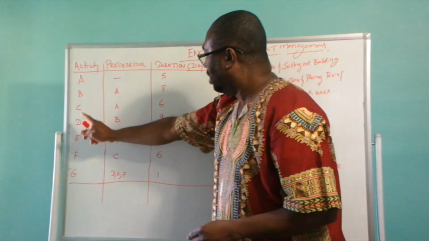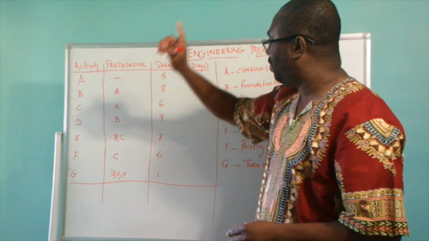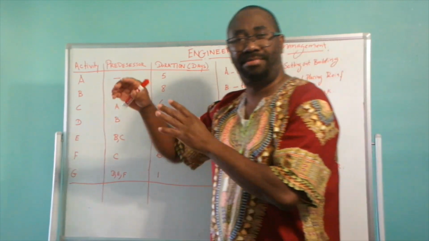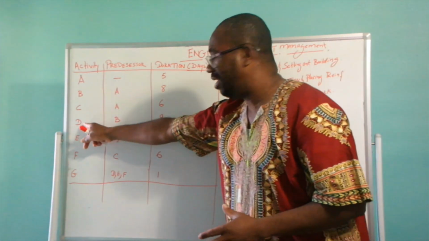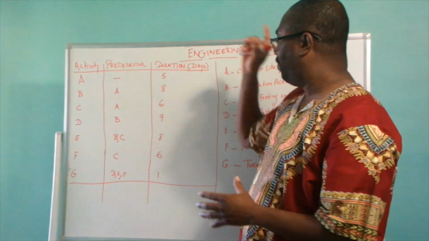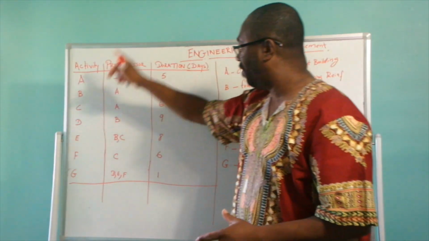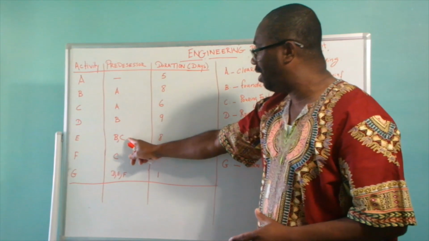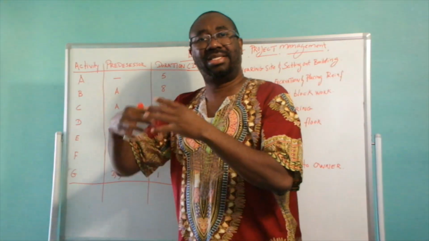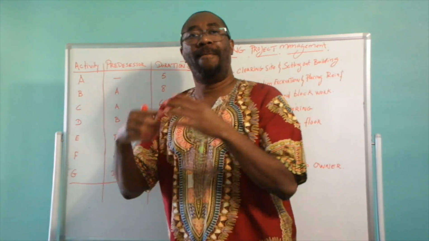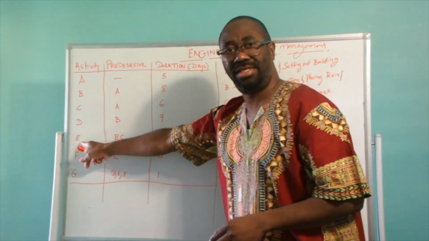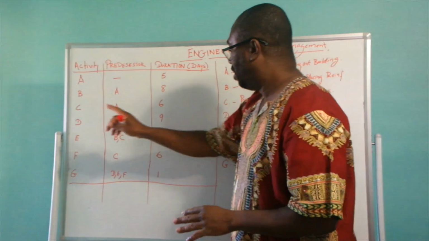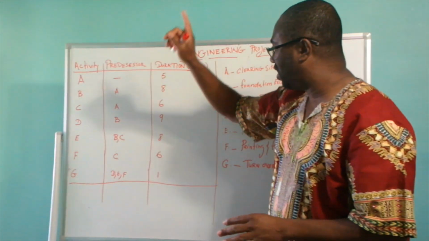Activity D comes out of activity B. That means activity B must be completed before activity D is started. Activity E comes out of activities B and C. That means activities B and C must be completed before activity E is started. Activity F comes out of activity C.